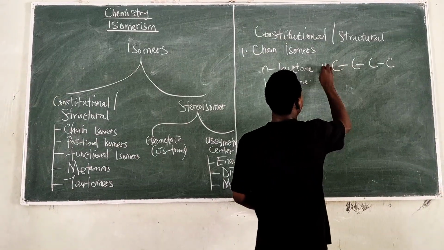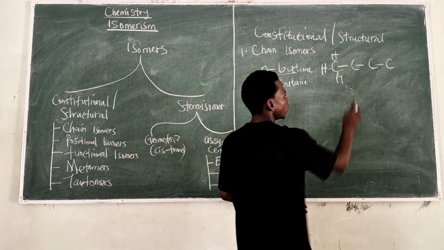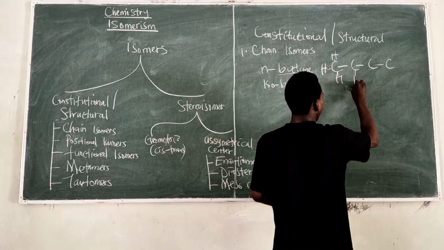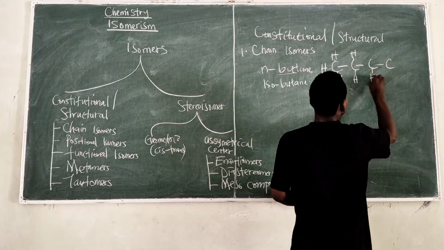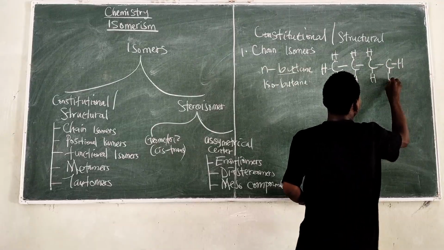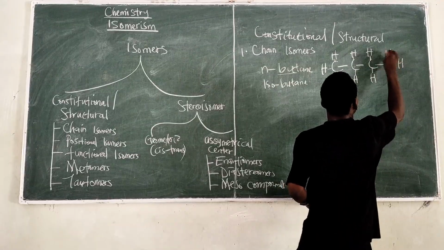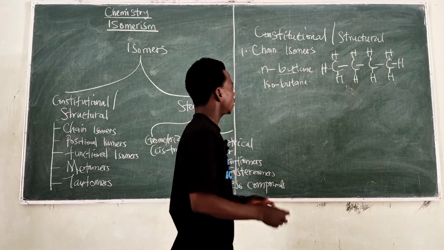This carbon bonding to hydrogen, hydrogen, and another hydrogen. This carbon is bonding to 2 hydrogen, and then this carbon is bonding to 3 hydrogen. So this is the structure of n-butane.